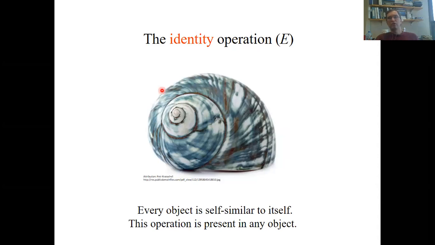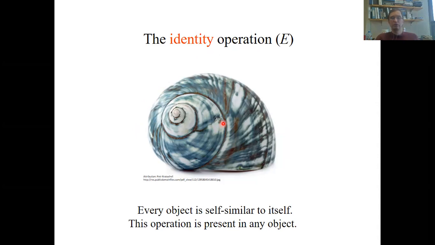So first of all, there is the identity operation. The identity operation is kind of trivial. It just says that if we do nothing to the object, then the object will be indistinguishable to its original form.